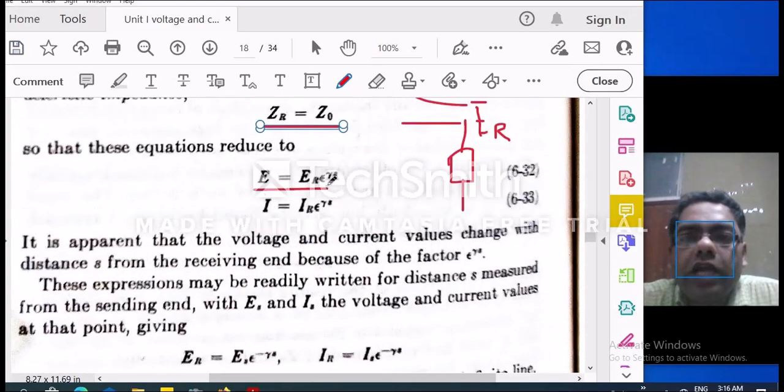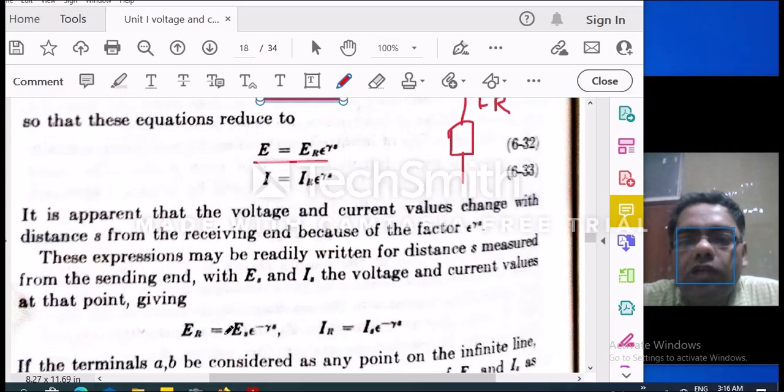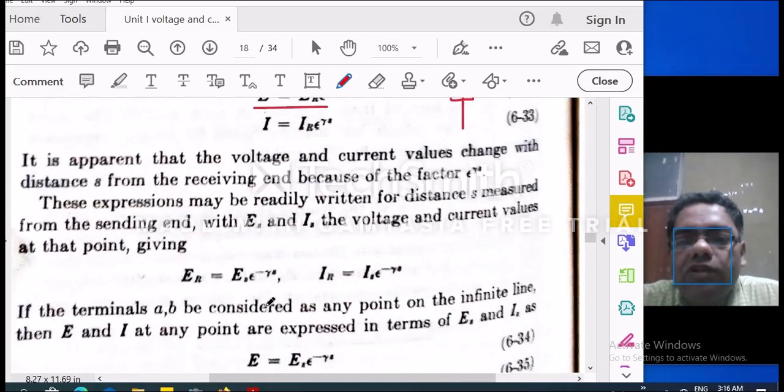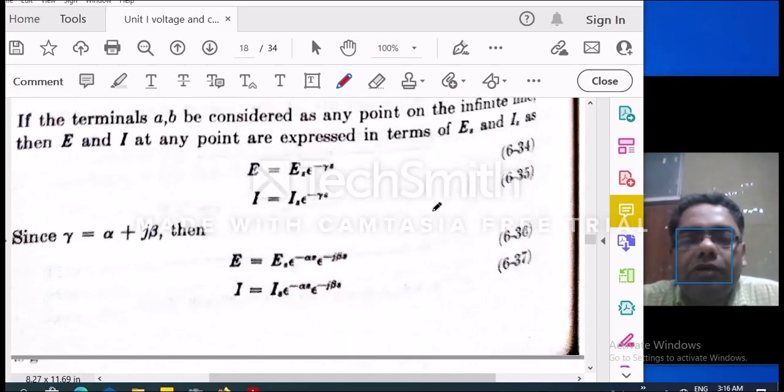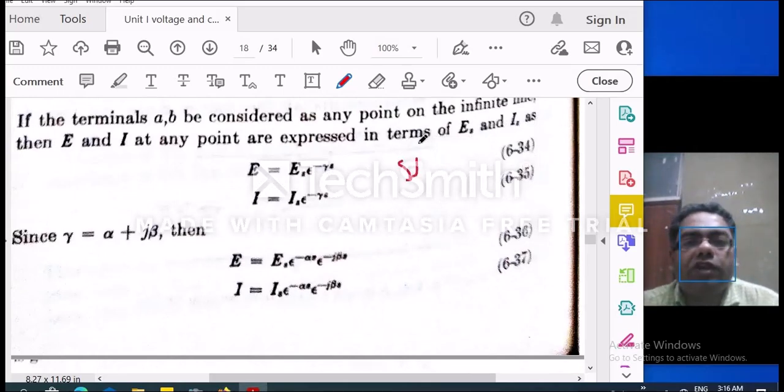So we can write E equals ER e to the power gamma s, or we can write ER equal to ES e to the power minus gamma s. Like this we can write IR equal to IS e to the power minus gamma s. Now this gamma is known as the propagation constant of the wave.